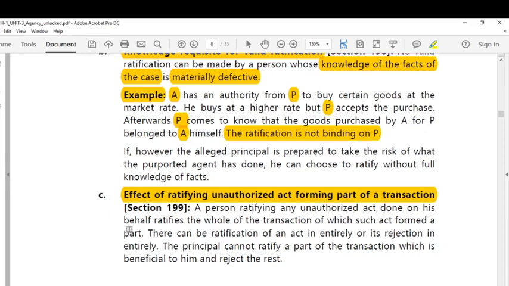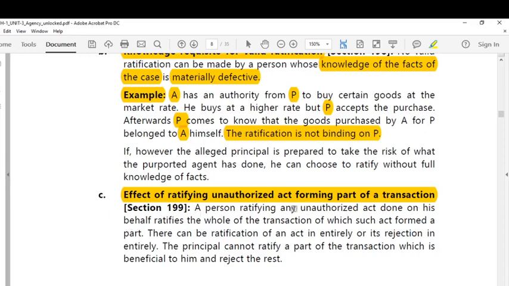In a transaction, the agent has authority to some extent, and for the other extent he doesn't have authority, and both have been done together as one transaction. So by giving effect of ratification to the unauthorized act, agency will automatically come into picture.